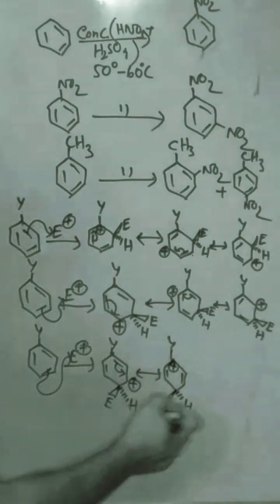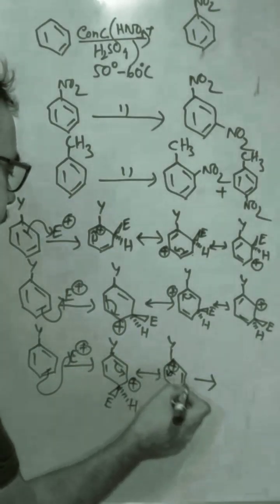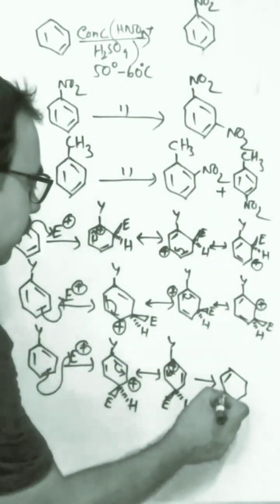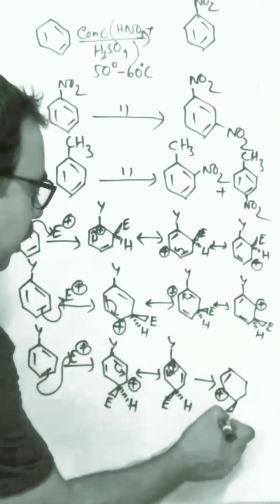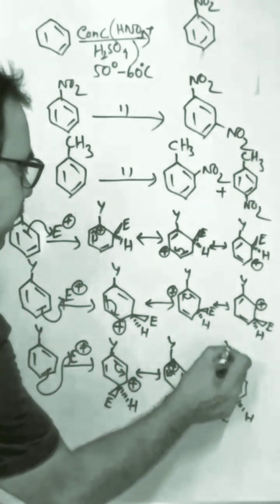The next resonating structure will be: electrophile, hydrogen, double bond, and that substituent.